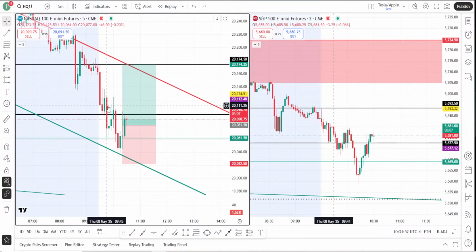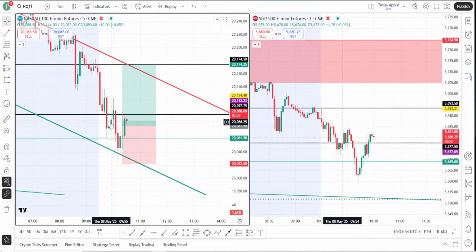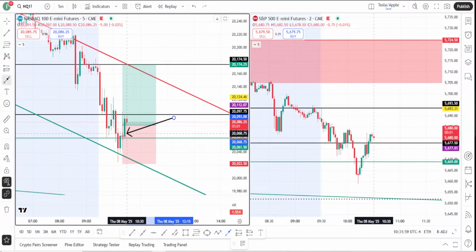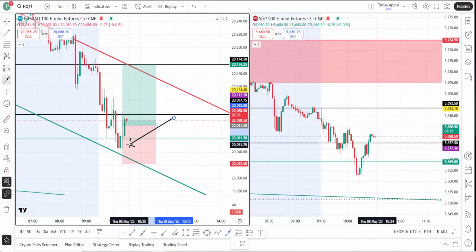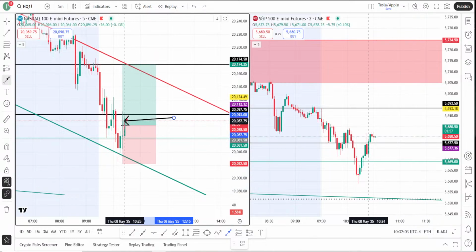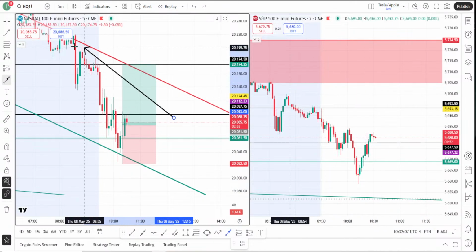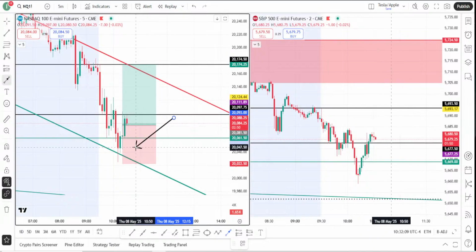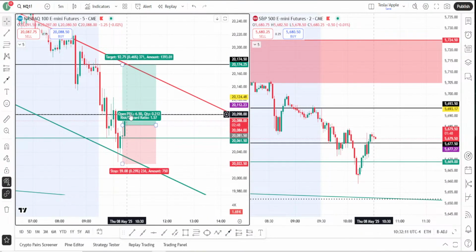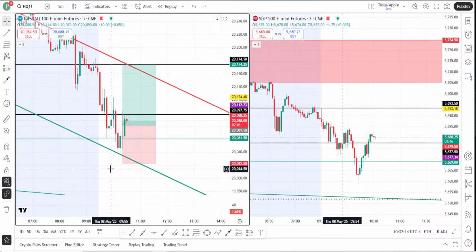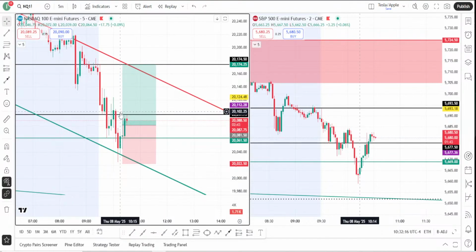This is why I was saying I don't like buying at support, I don't like selling at support. So I'm expecting buyers to step in here, kind of want to hold this area, bring price higher. And I'm sure there are other sellers exiting their positions and pushing price higher as well. So we just need that confirmation, closure above these highs right here.